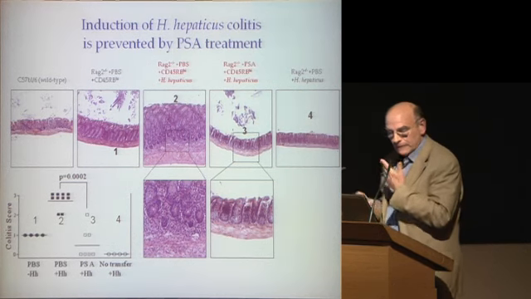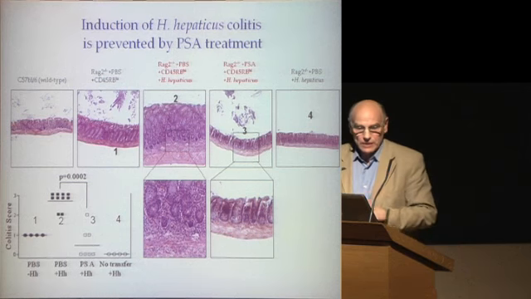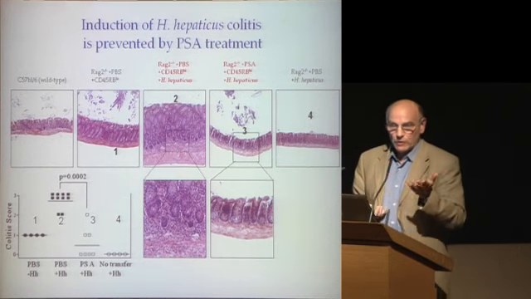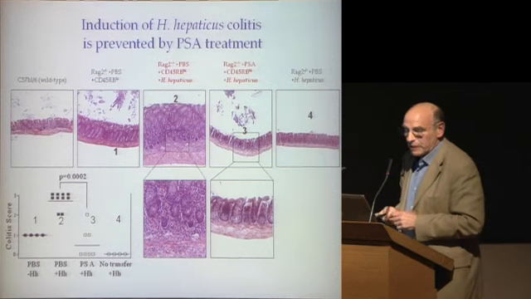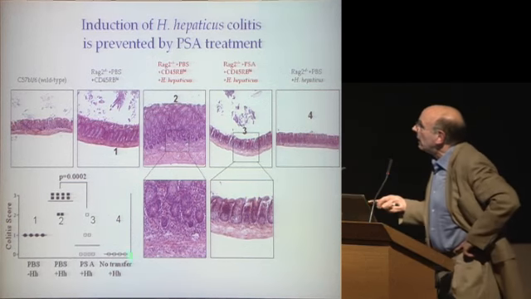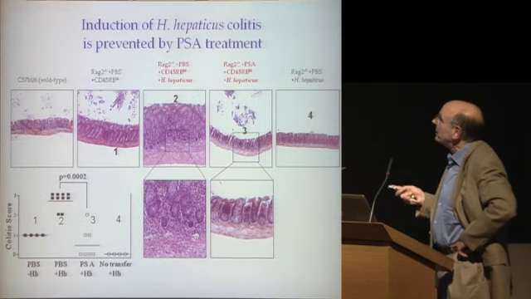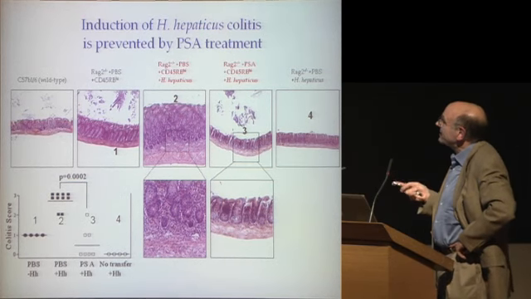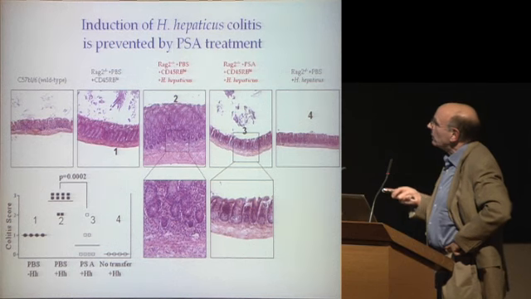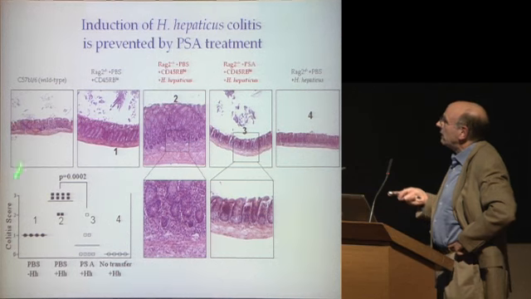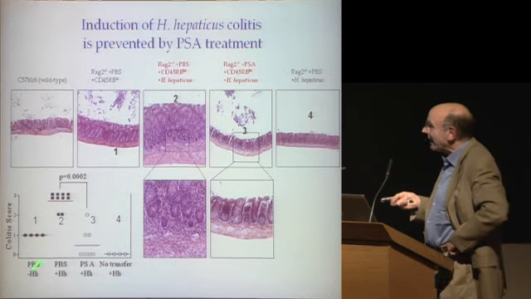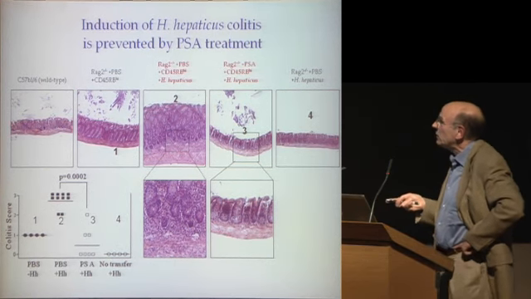And then to take this to a model, this is actually the model that Fiona Powrie has championed. And what we did was we fed mice PSA over the course of this experiment. These were RAG-deficient mice that had been given a Helicobacter that is a probiont, if you will, in this situation.